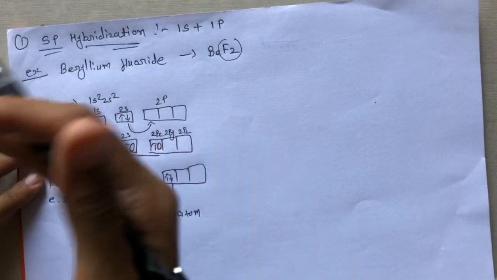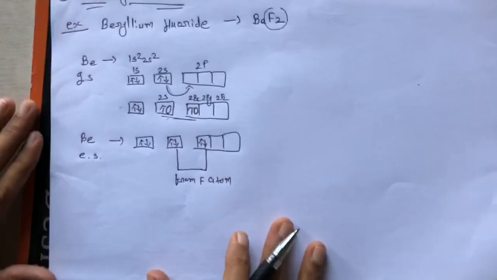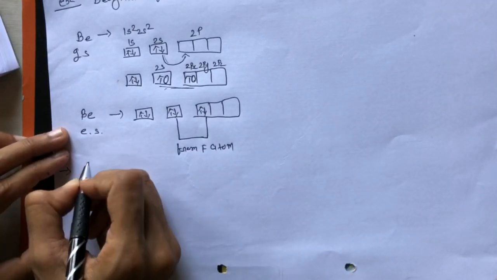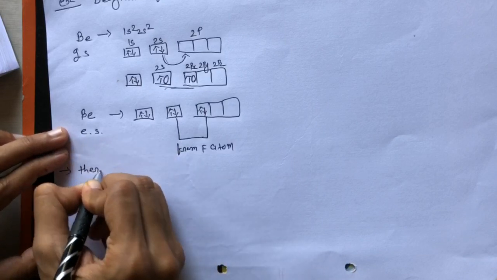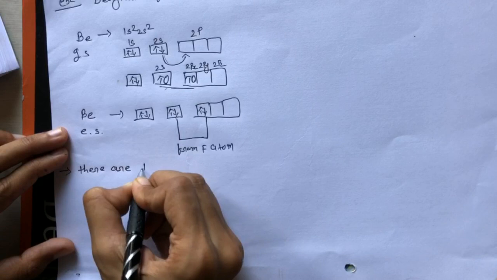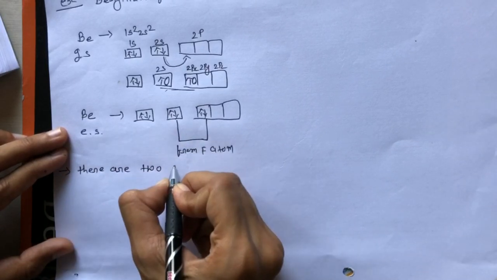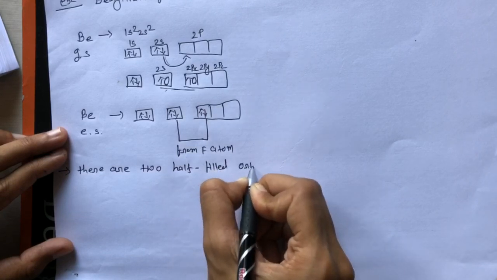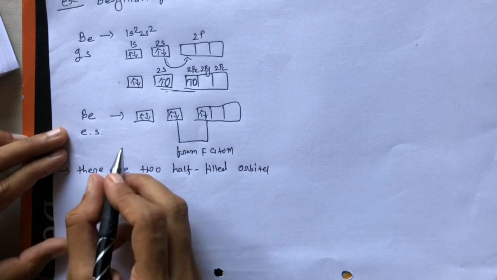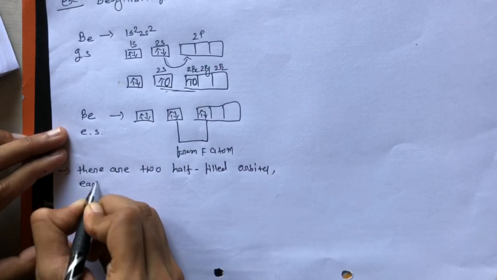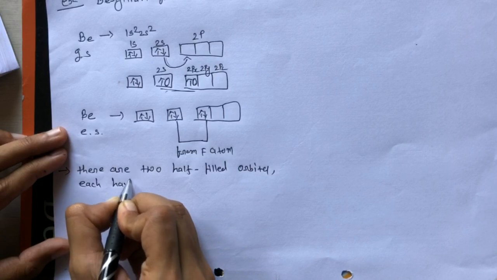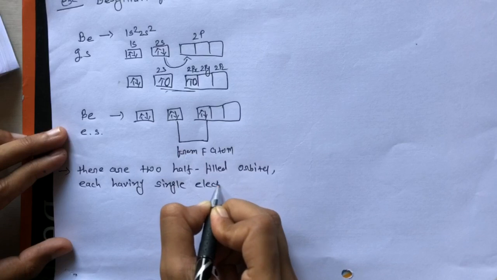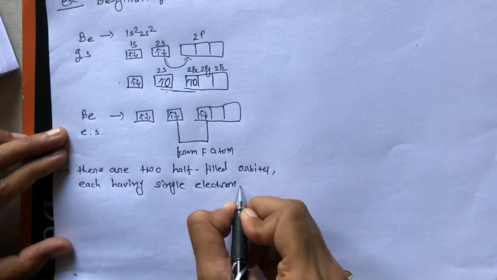So in this case I can explain it theoretically also. If you have a basic idea, right? So there are 2 half-filled orbitals, each having a single electron, right?